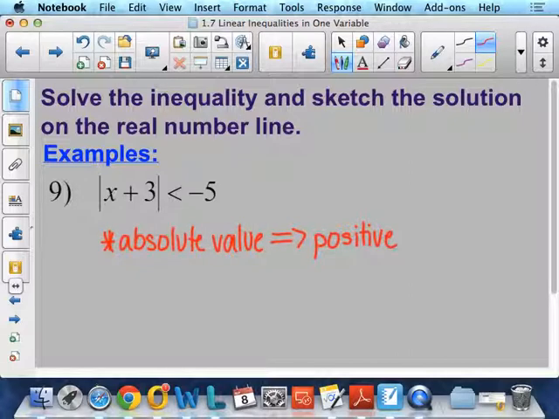So if we compare it to the right-hand side and it's a negative 5, that means this problem is going to have no solution. It's because the left-hand side, the absolute value, is going to be positive, so a positive number cannot be less than negative 5.